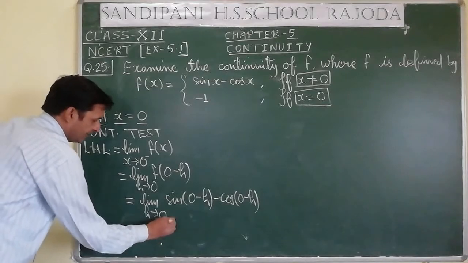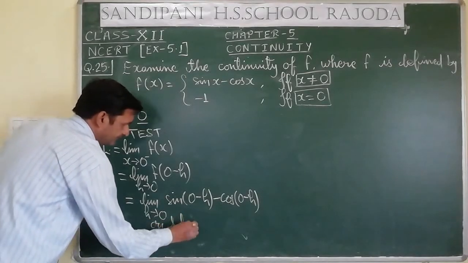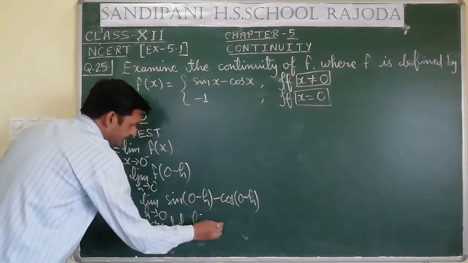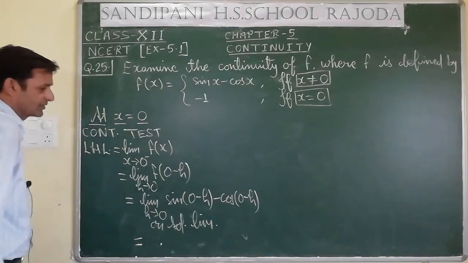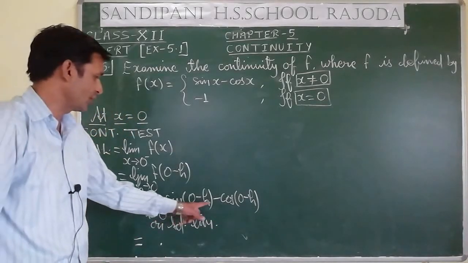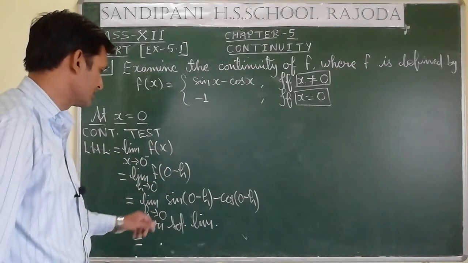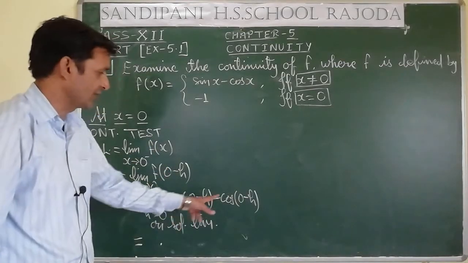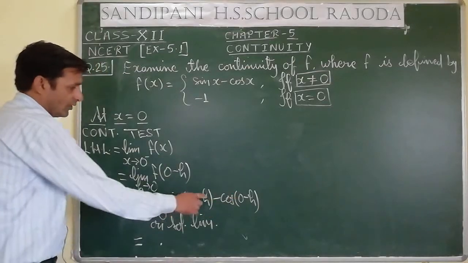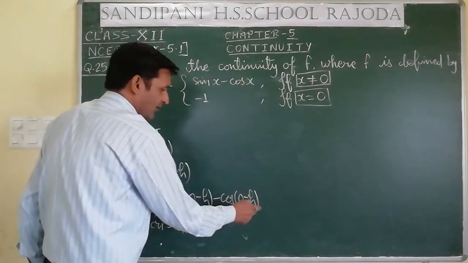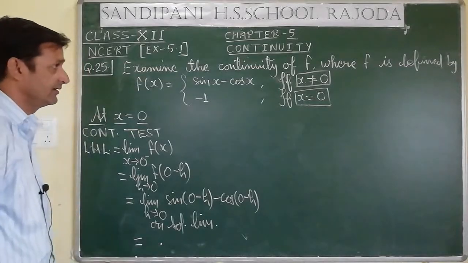On solving the limit, this will be sin 0 cos h minus cos 0 sin h, and in this part also, if we put 0 here in place of h, then also we can get the answer.